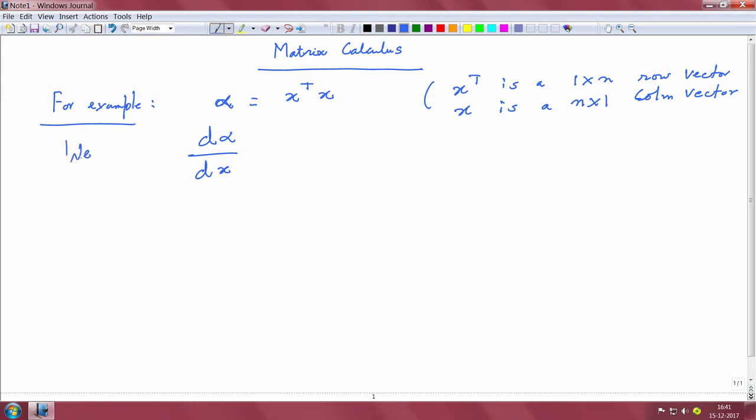So, we may need d alpha by dx. How to go about problems of this form? This is particularly useful when we deal with representing problems vectorially or in the form of matrices, and then we have to take the derivative of some function of vectors and matrices and compute these quantities, and this becomes a non-trivial task.